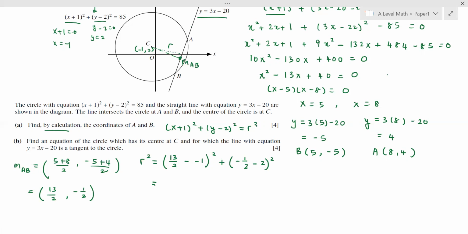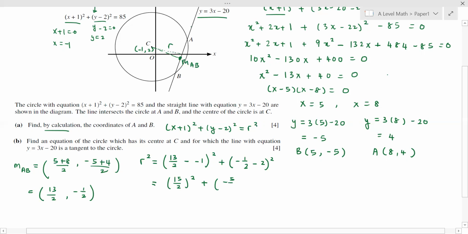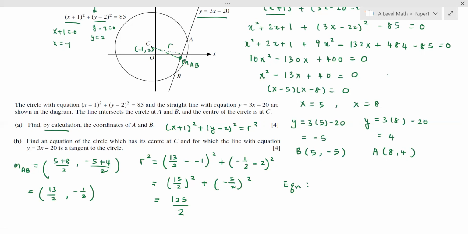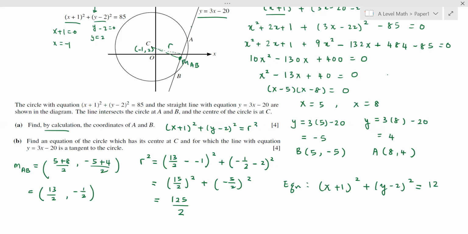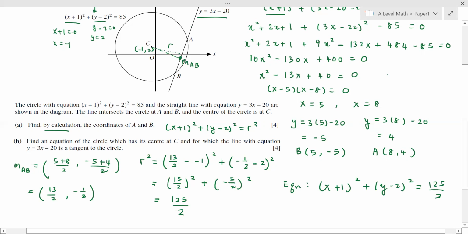So that will give us (15/2)² + (−5/2)², and that is 125/2 as the square of the radius. Then the equation of the circle that we want is (x + 1)² + (y − 2)² = 125/2.